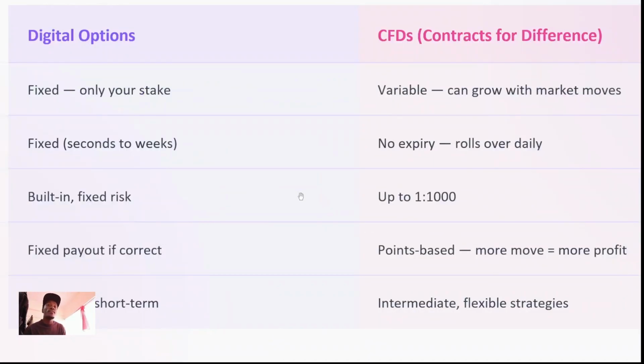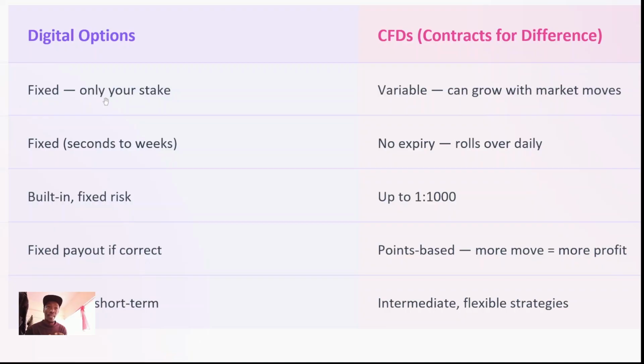As you can see, digital options, you have fixed risk. You only lose the stake that you have put in. So if you put in $1, you are risking $1 in that trade, so you're going to lose only that dollar. That is the collateral for opening a specific position.